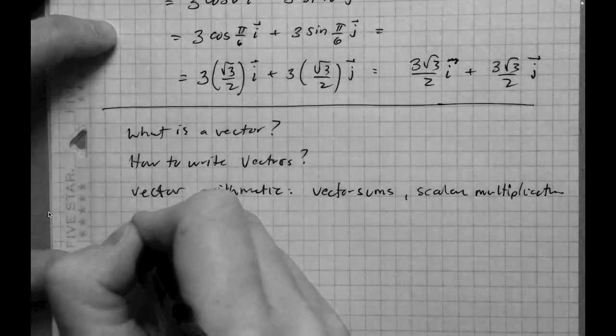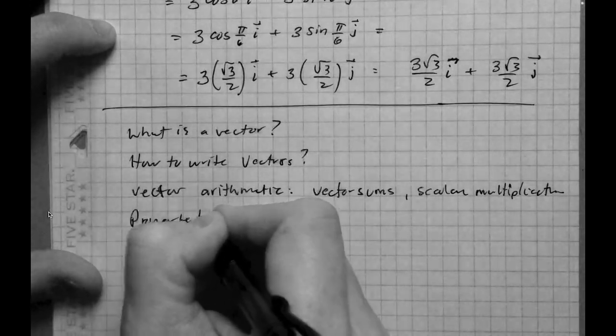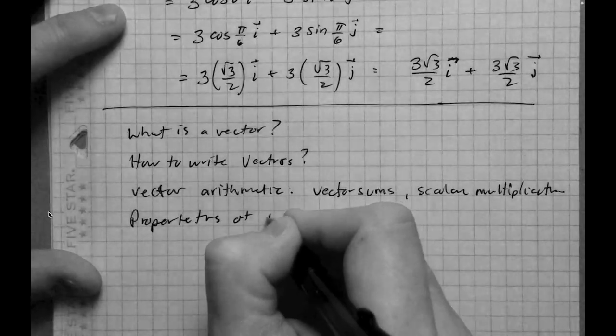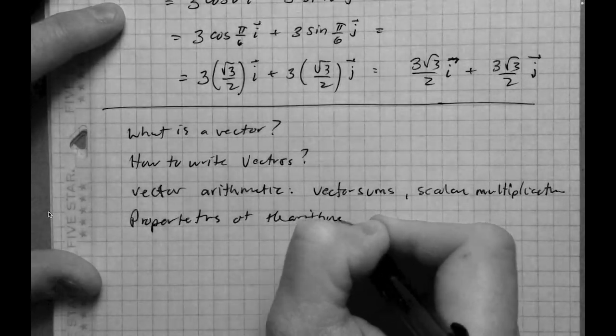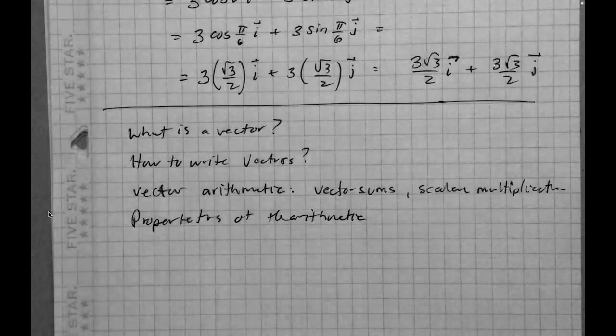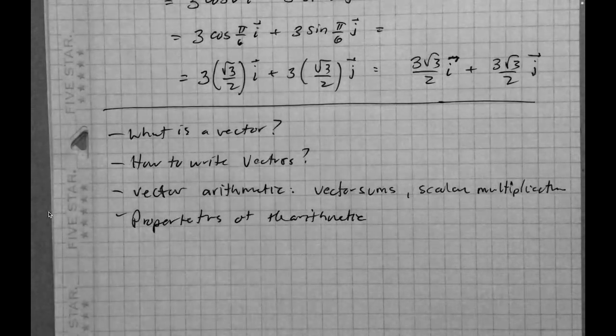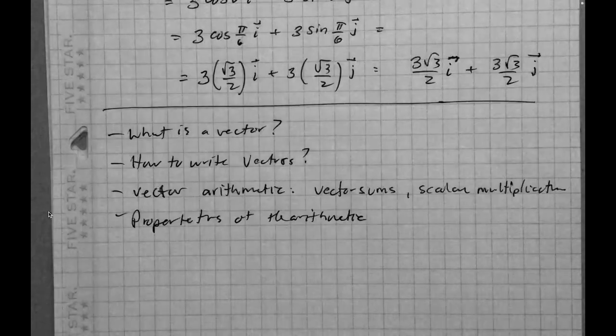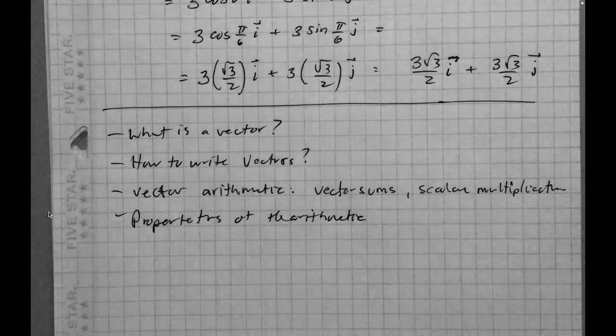Properties of the arithmetic, namely the associative property, distributive property, the additive identity, the zero vector, all of those things. There are about eight or nine of them that we talked through.